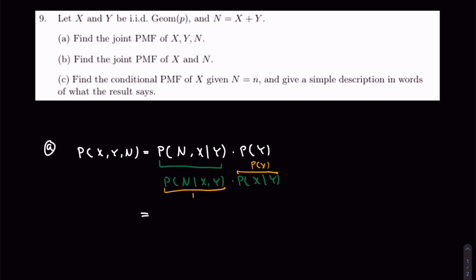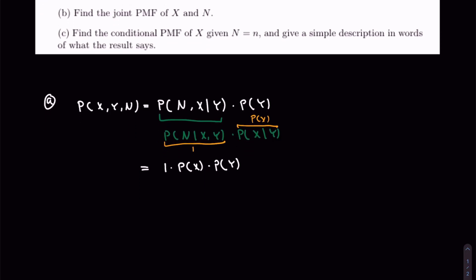So this we can write as 1 times P of X times P of Y. And we know what the geometrical distribution PMF looks like, so we can just multiply them together.